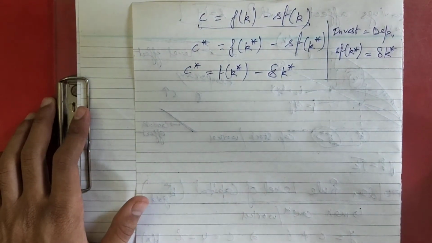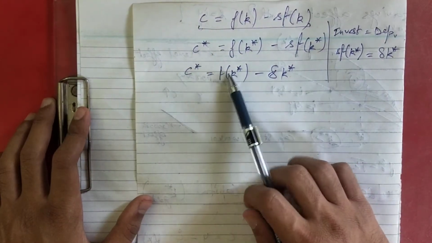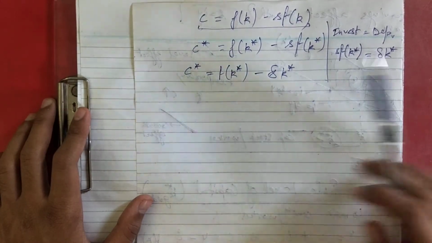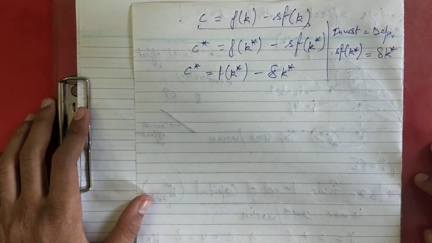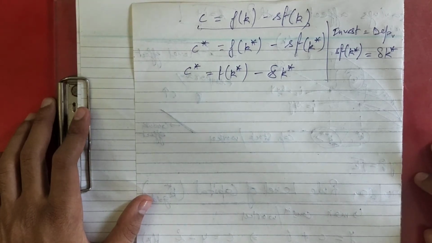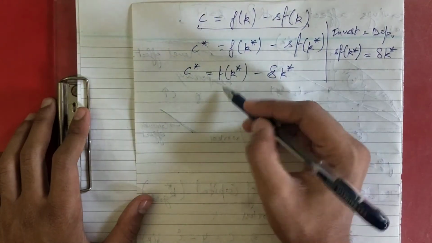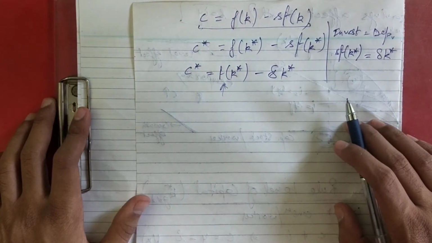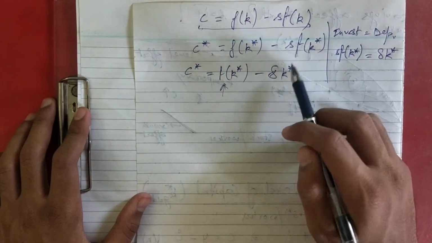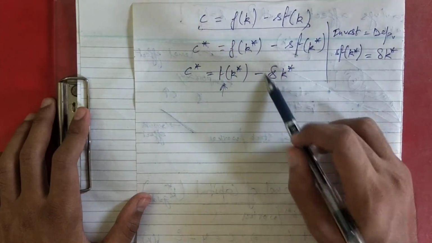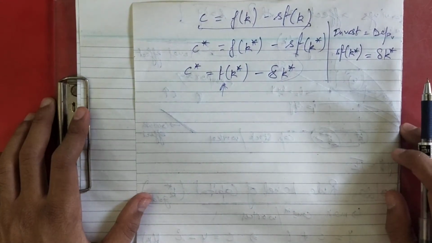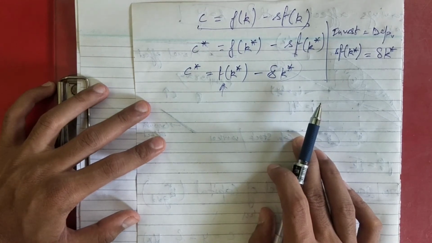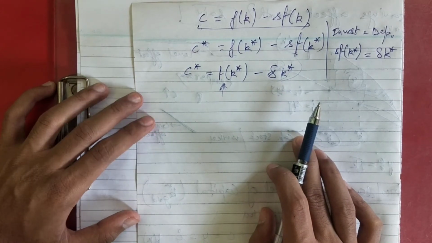This equation also shows that an increase in the steady state level of capital, k star, has two opposite effects on steady state consumption. On the one hand, more capital means more output. On the other hand, more capital means more output must be used to replace the depreciated capital. Now we will find the maximized value of c star.